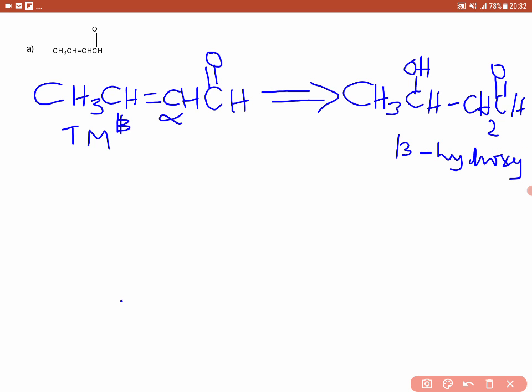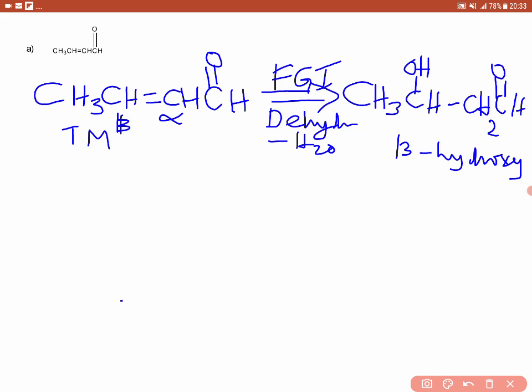So what we have done is what is called a functional group interconversion, and this is a conversion that requires dehydration, which is a loss of a water molecule, so that to come from the beta hydroxy compound to the alpha beta unsaturated compound, we need to lose a molecule of water.